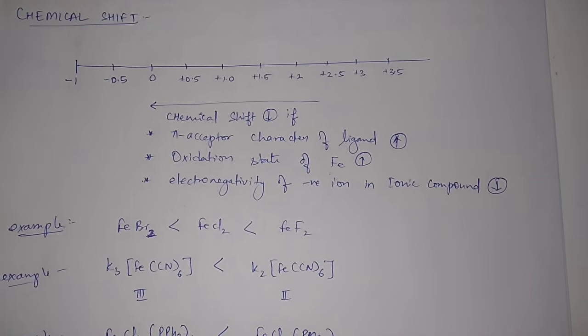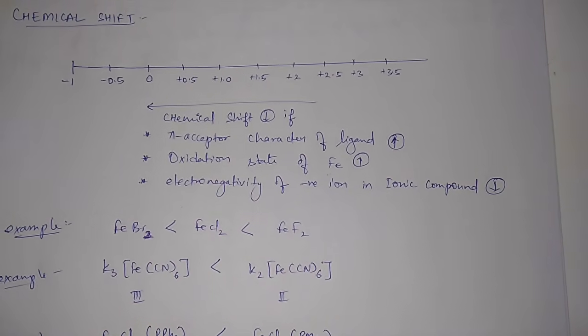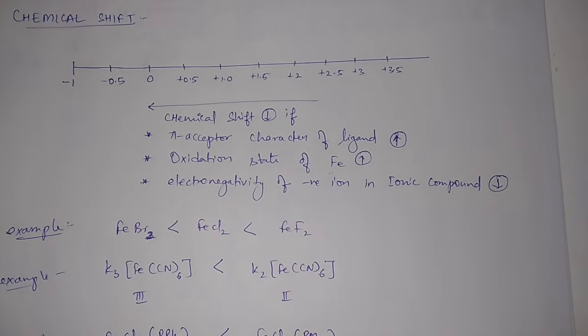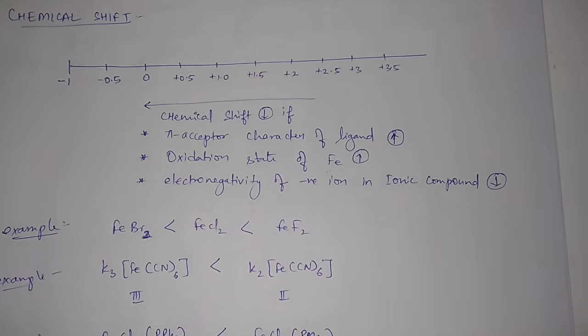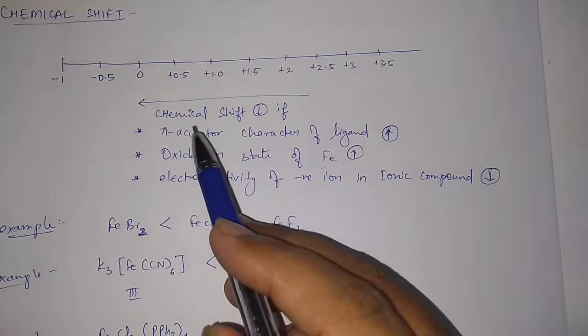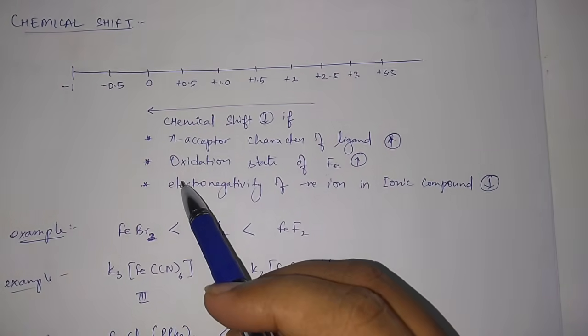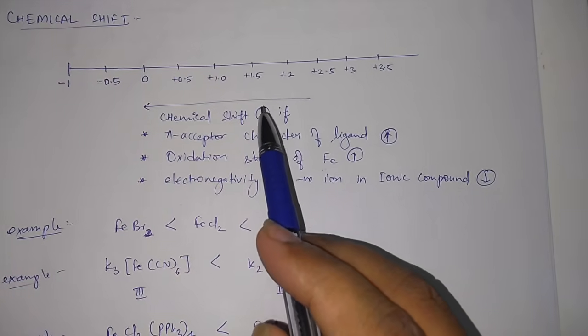Next one is your chemical shift. This topic also comes under isotropic shift; isotropic shift is also one of the examples of your chemical shift. Why does this chemical shift value decrease or increase, why does it shift? You have to remember a few things. I have taken them out and written them so that you can understand well.